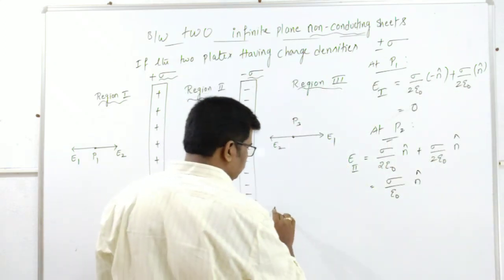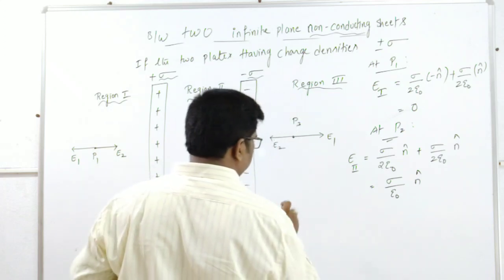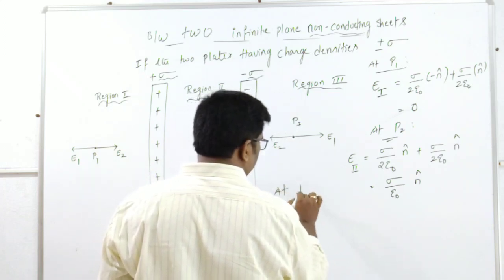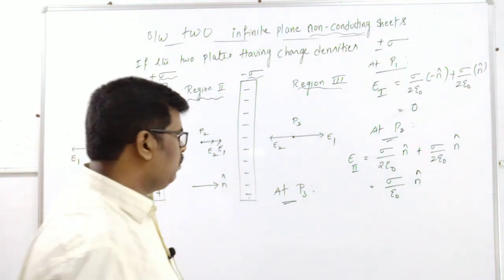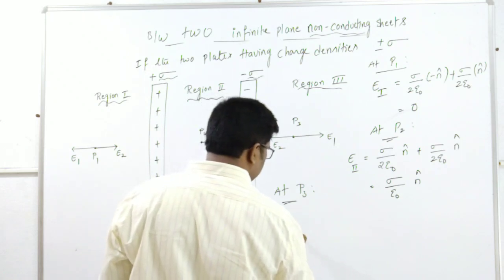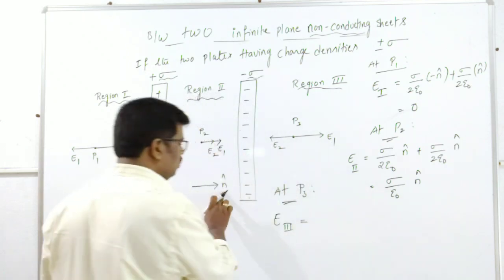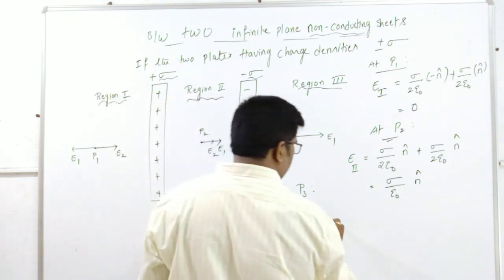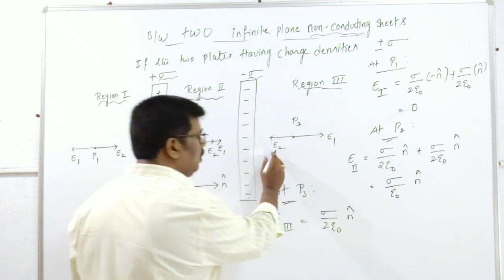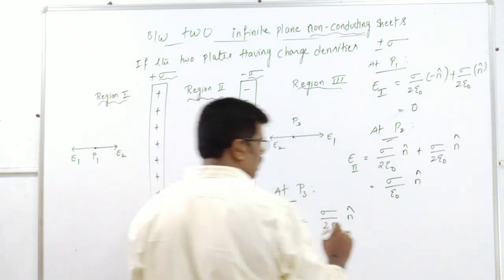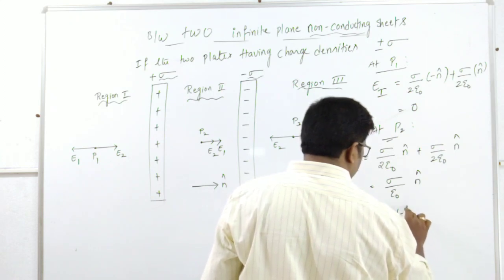And outside of it, that is P3, the region at P3, if you observe, we can write the electric field intensity equal to: E1 is along the direction of the unit vector, so we write sigma by 2 epsilon naught n cap. But E2 is opposite to the unit vector, so we write sigma by 2 epsilon naught minus n cap.